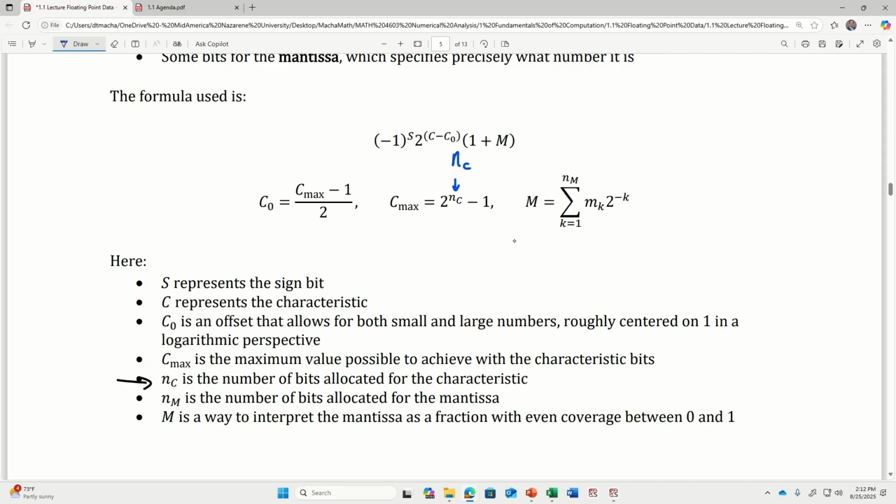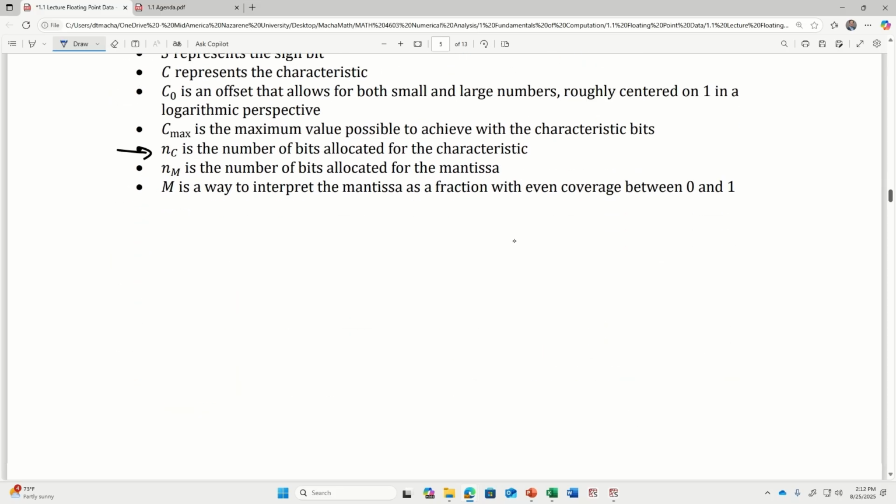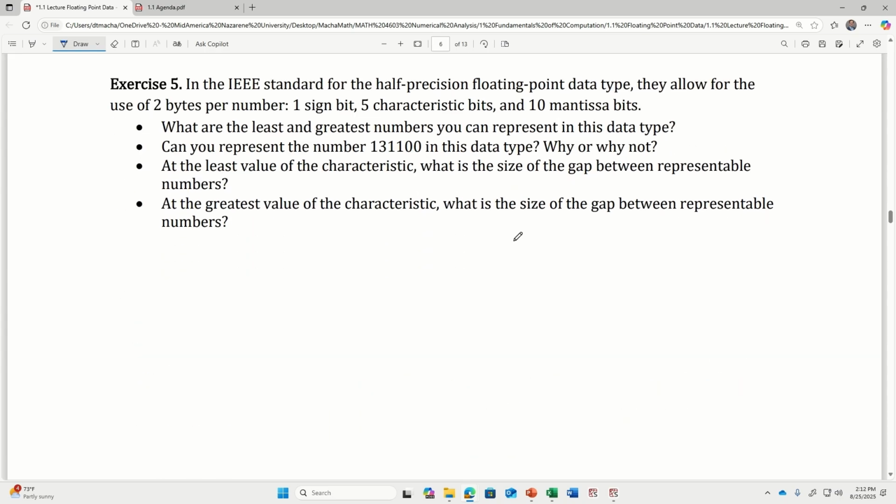I haven't written your test yet, so I'm not 100% certain of how much I'm going to give you. I don't know if I'm going to give you this formula or not, but it'd be a good thing to remember. And we'll talk about that closer to the next test time.